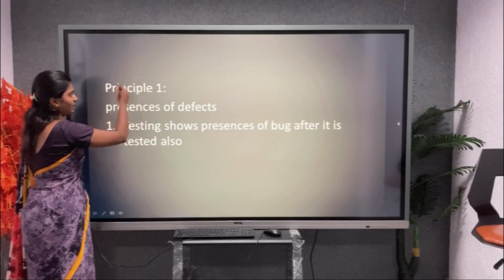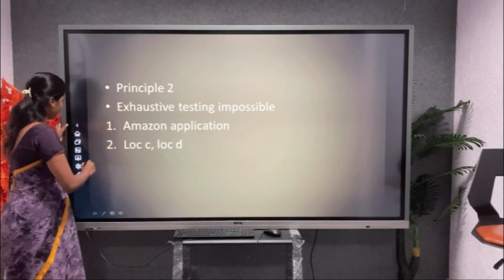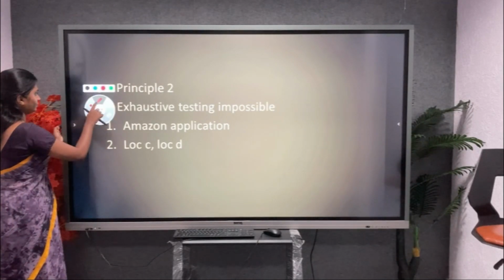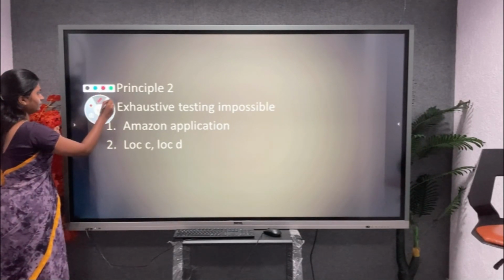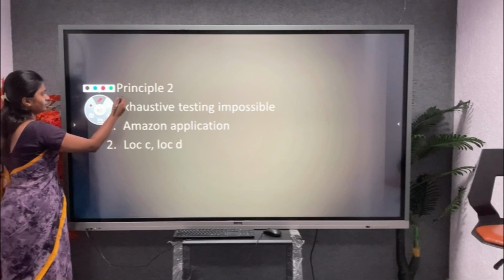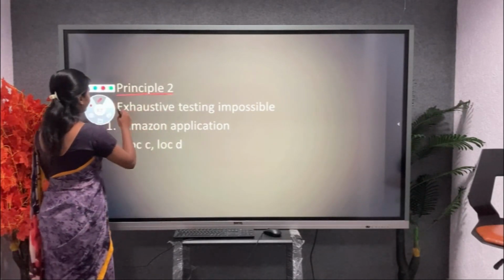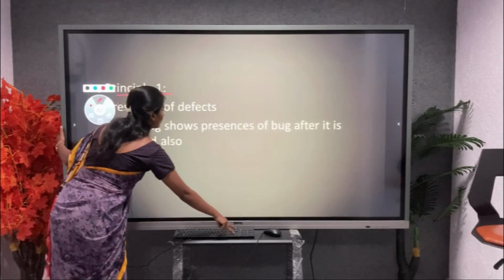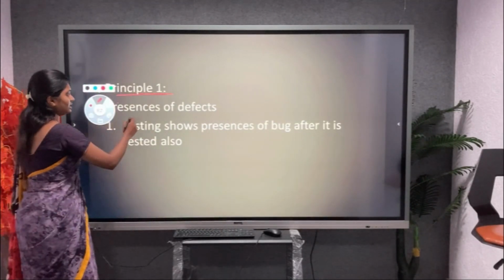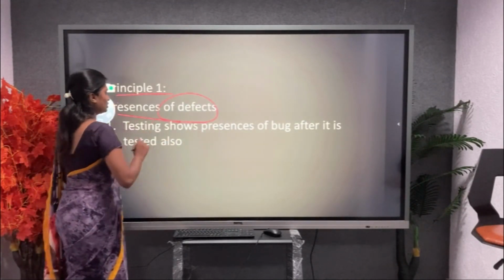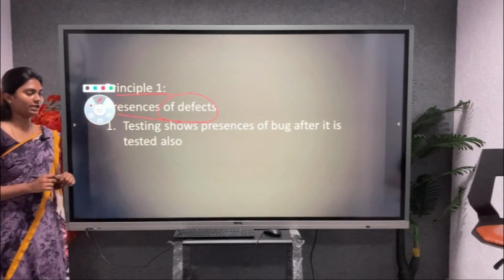What does the principle mean? Testing shows the presence of data.